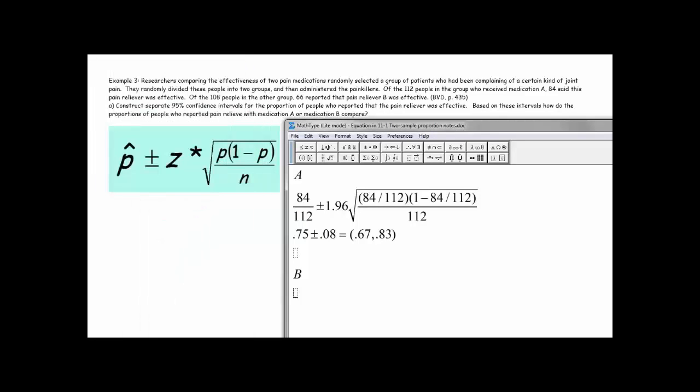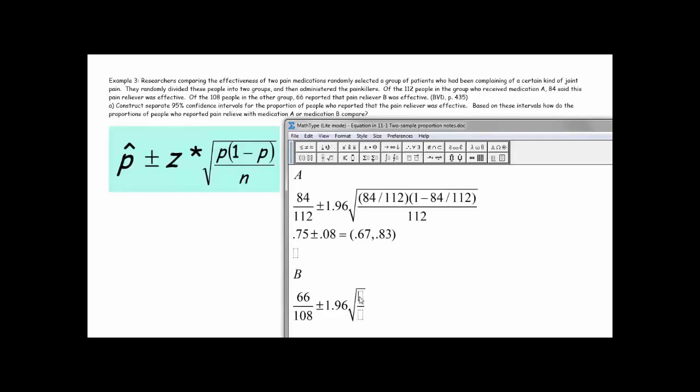So let me ditch the calculator for a second. Okay, so for B, I want to do the same thing. Look for where it says 66 out of 108. So 66 out of 108 is my p hat, and that's plus or minus the same 1.96, z star, square root.